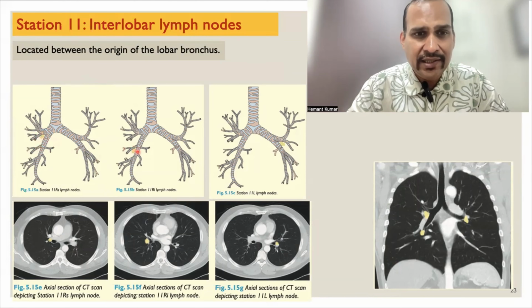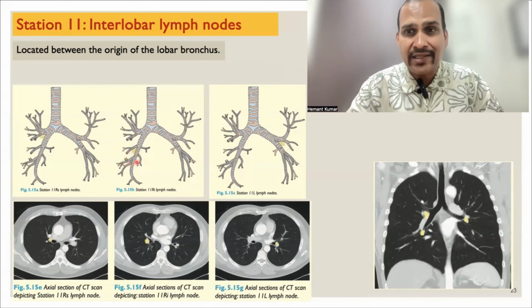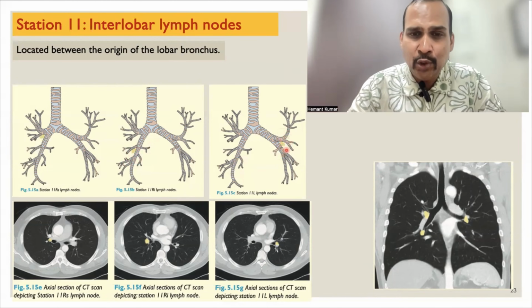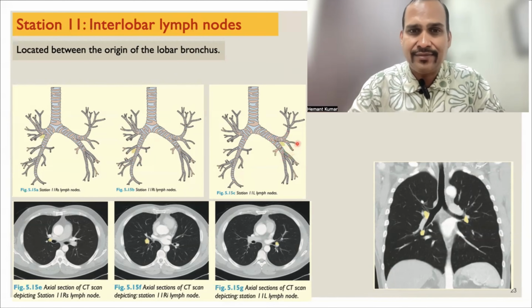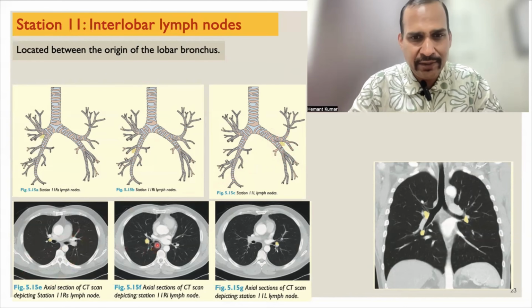Then between the middle lobe and lower lobe, this is station 11RI, intermediate. On the left side, between the upper lobe and lower lobe, this is 11L. Okay, interlobar lymph node. In the CT scan also you can see the same thing.